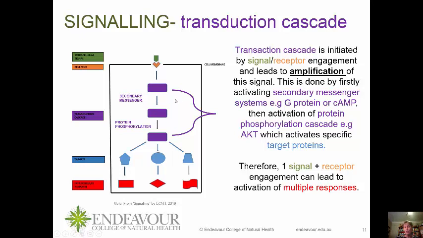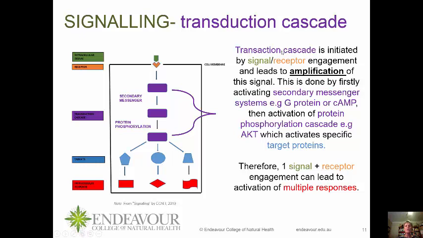It could be a G protein or it could be cyclic AMP. Then that activates a protein phosphorylation cascade, which is the next step, and an example there is AKT. Don't worry too much about particular names such as AKT, just understand the concept of what happens. Then the transduction cascade activates specific target proteins within the cell.